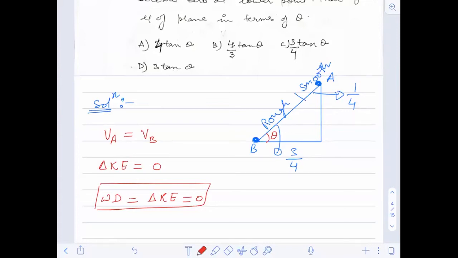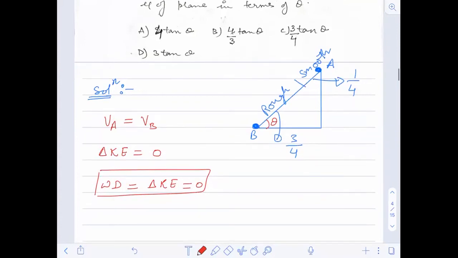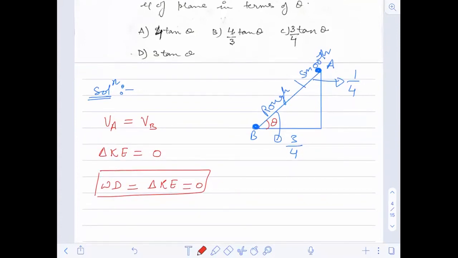Friction, correct. So the total potential energy at A will be equal to the work done by friction. This is what we can write now.